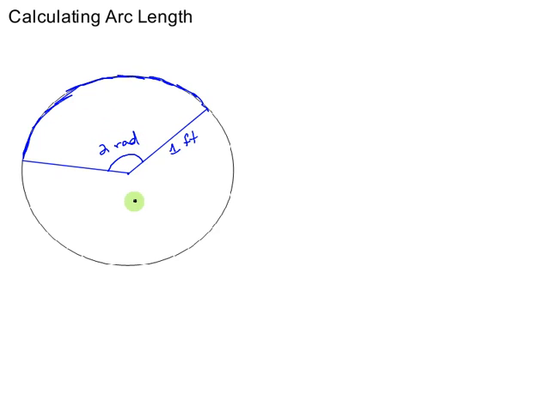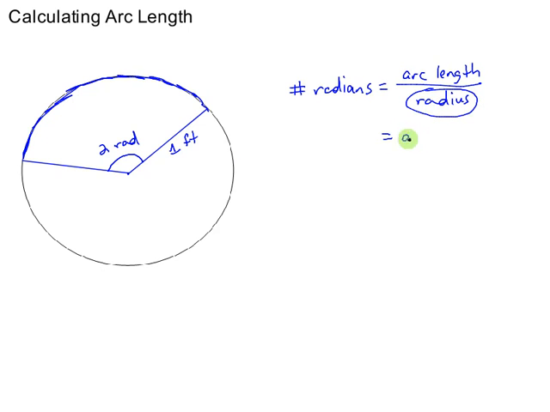And so the neat thing about this is, if you remember, the number of radians is the arc length divided by the radius. Well, what's so nice about having a radius of 1 is, if this is 1, the arc length divided by 1 is the arc length.